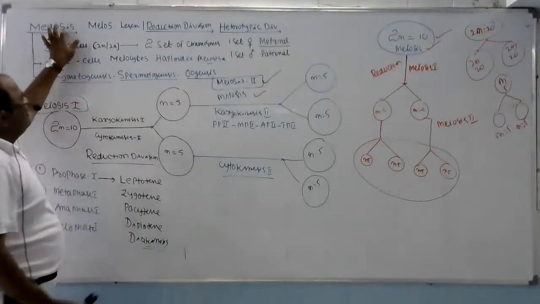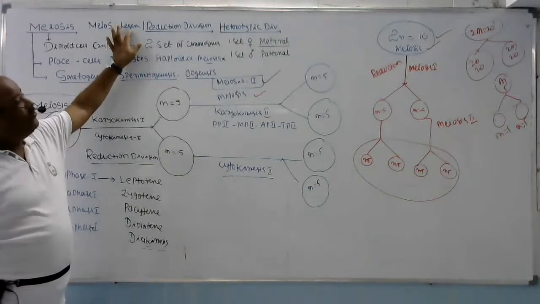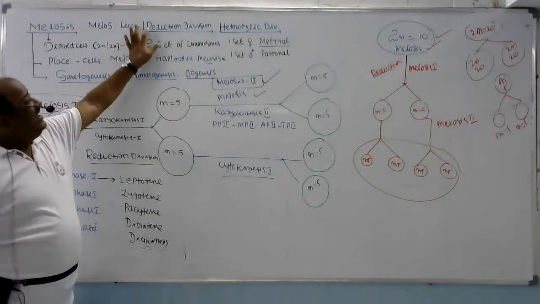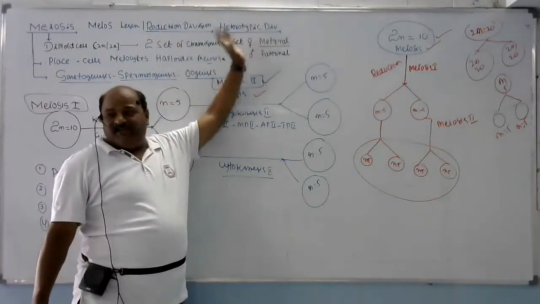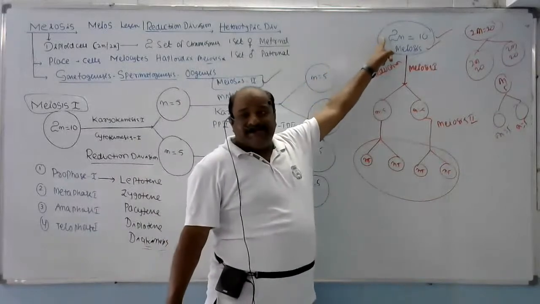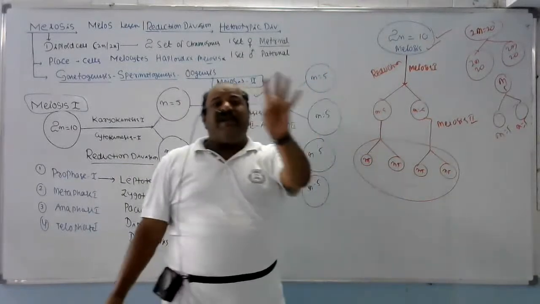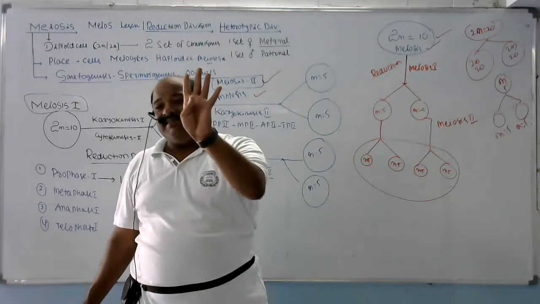Meiosis process. Meiosis means lesser. It reduces the chromosomal number. It is a reduction division, otherwise called heterotypic division. In the meiosis process, once the parental cell is divided, how many haploid cells do we get? 4 haploid cells.